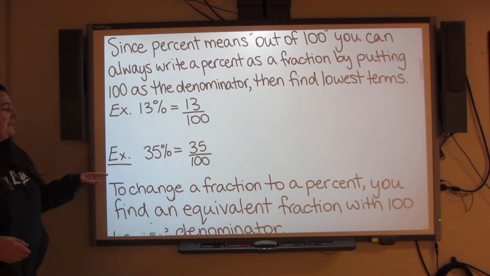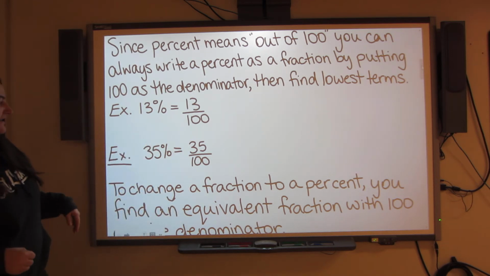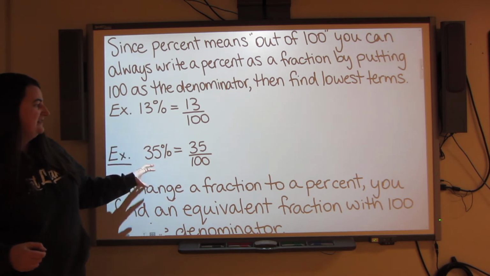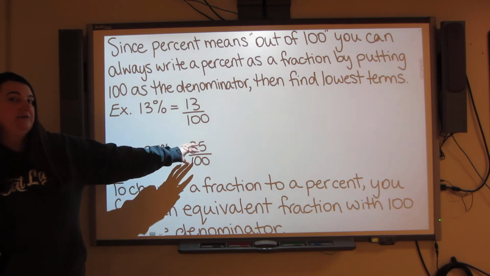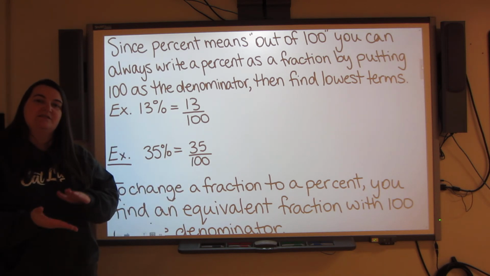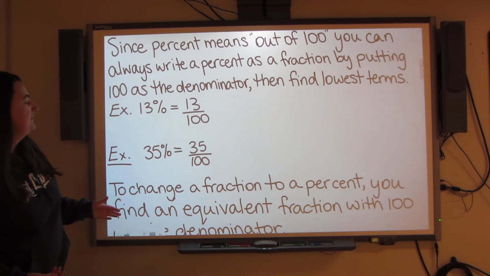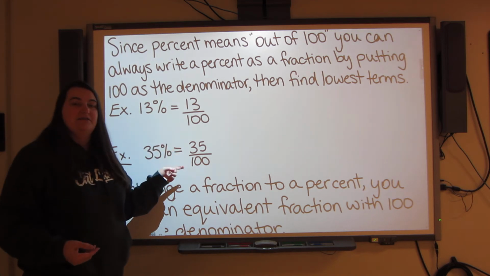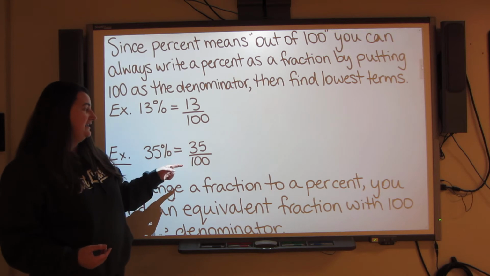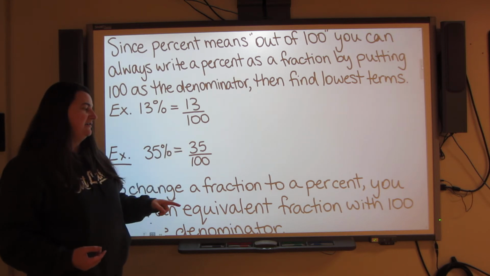But the second example, I've got 35%. So changing that to a fraction, I just take my percent, it's the numerator now, and I put 100 on the bottom because, of course, percent means out of 100. So I can make this lowest terms. I need to think about all the things that I can divide into 35 and 100.